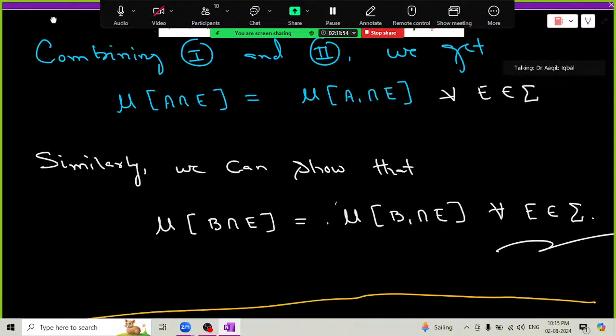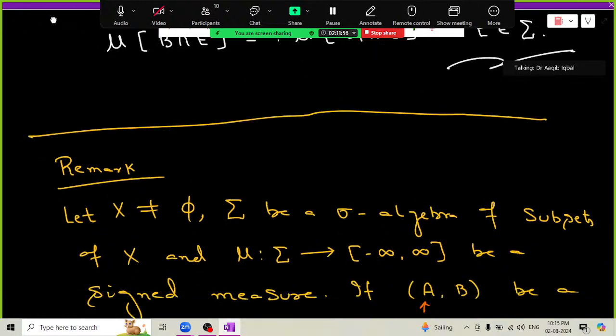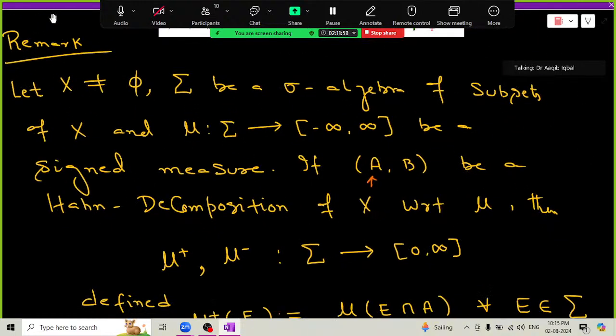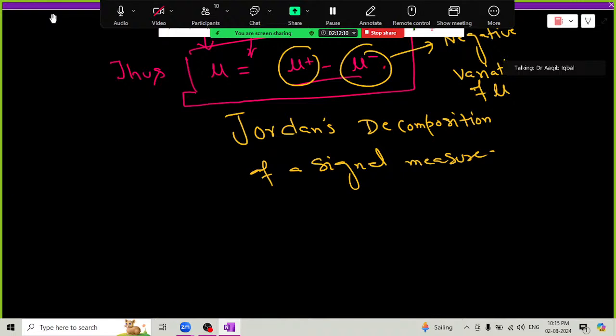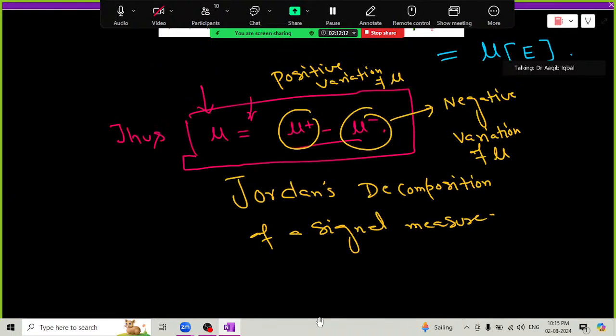And the next good thing here is that you can create another measure also. I already showed you that the sum of two measures is a measure. Now mu plus and mu minus are measures, so if you take their sum, you will get a measure.